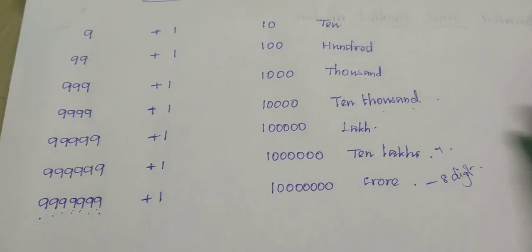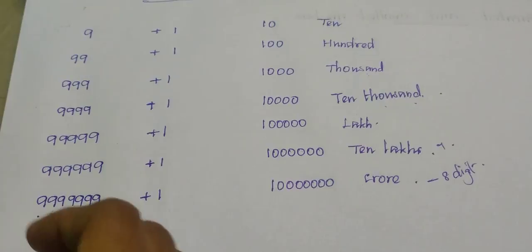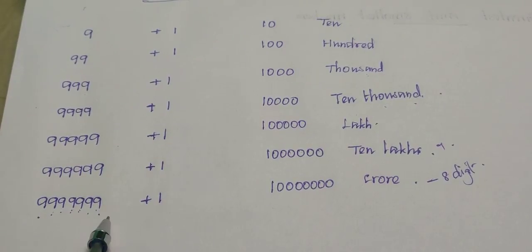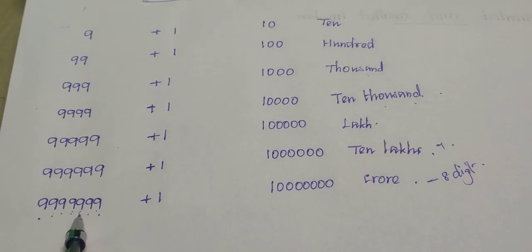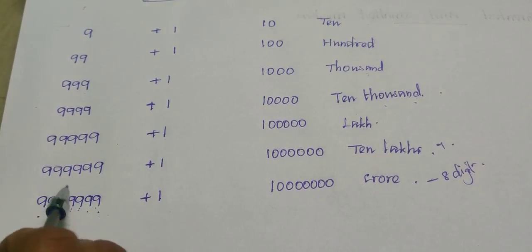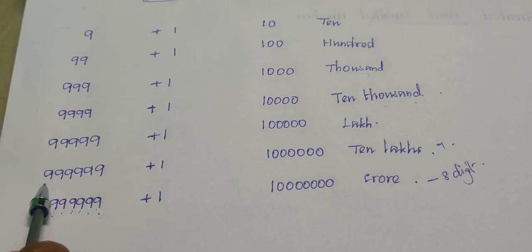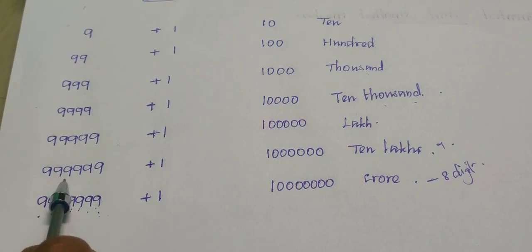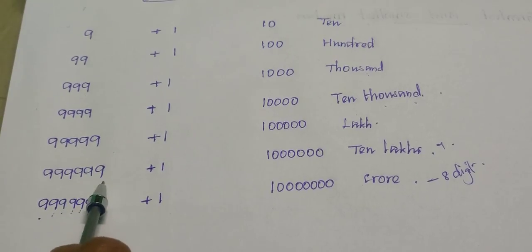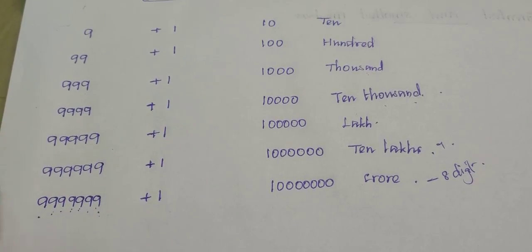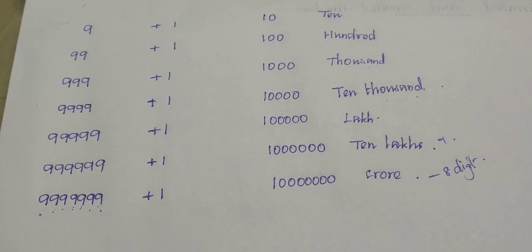Which is the greatest 7-digit number? 99 lakhs, 99,999. Which is the greatest 6-digit number? 9 lakhs, 99,999. Is it clear? Let us do the exercise in your book.